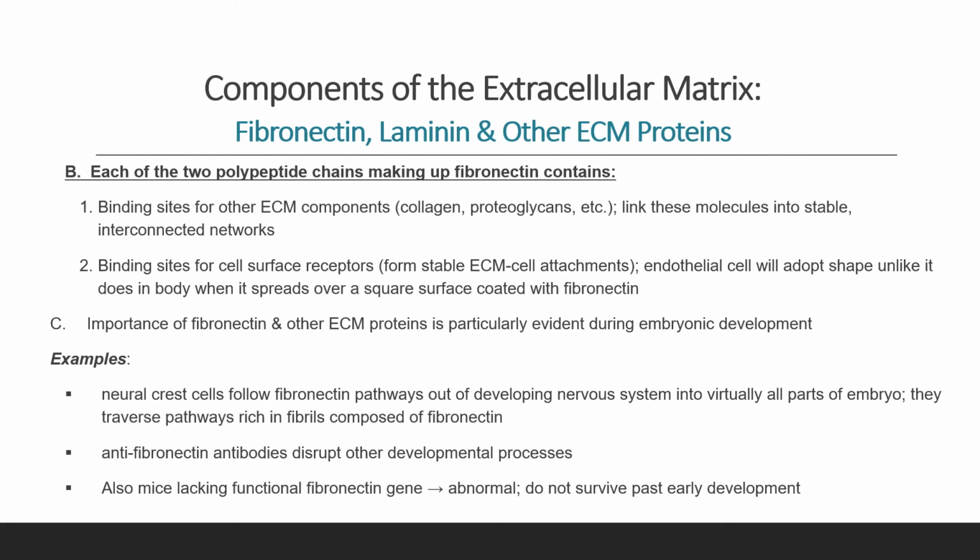Anti-fibronectin antibodies disrupt developmental processes, and mice lacking a functional fibronectin gene are abnormal and do not survive past early development. For the fibronectin structure, please check page 230 of your book, okay, to see what this structure looks like.